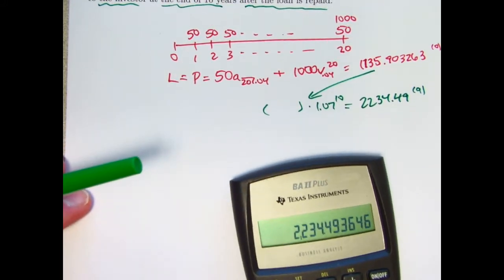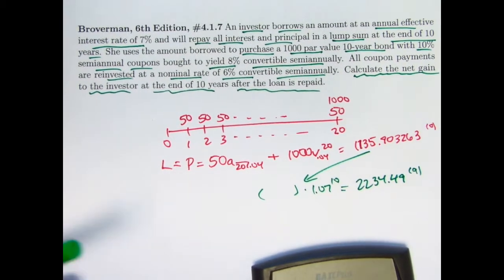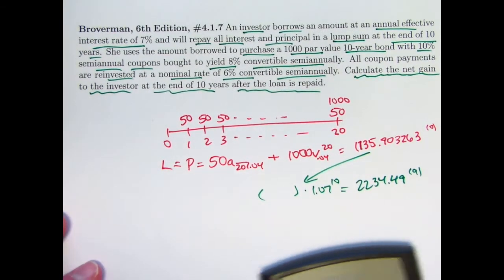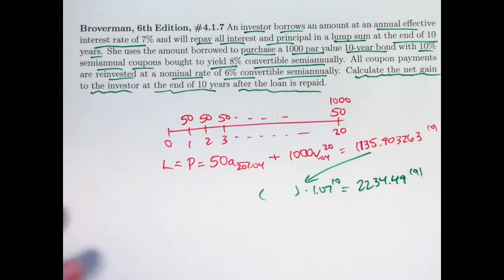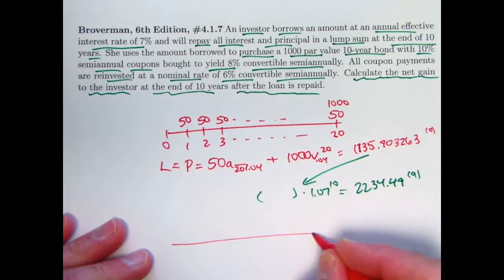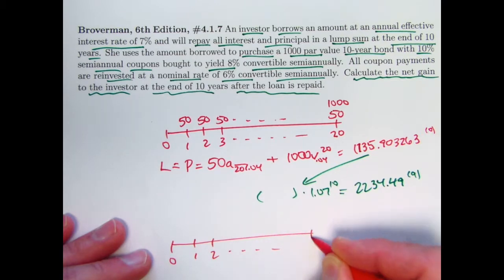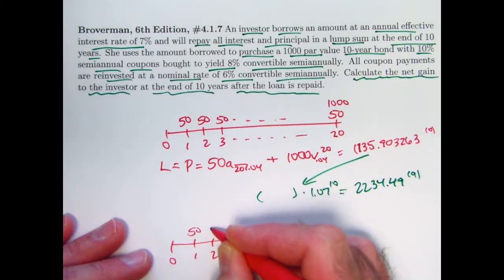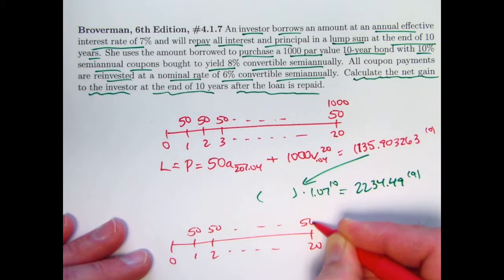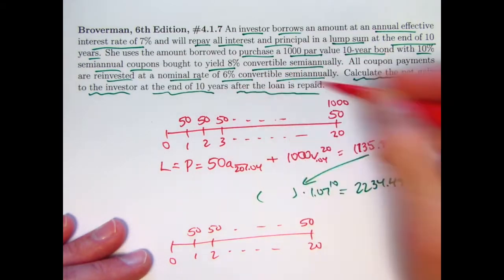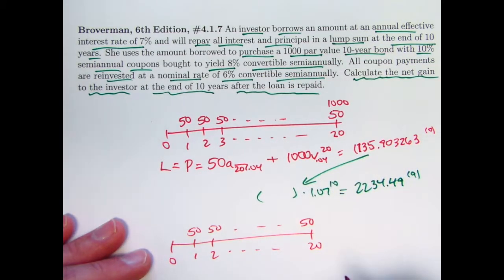All right, what else is going on? There's the reinvestment of the coupons. The 50s in some other account that's earning a nominal rate of 6% convertible semi-annually, so 3% per half year. What will it grow to?